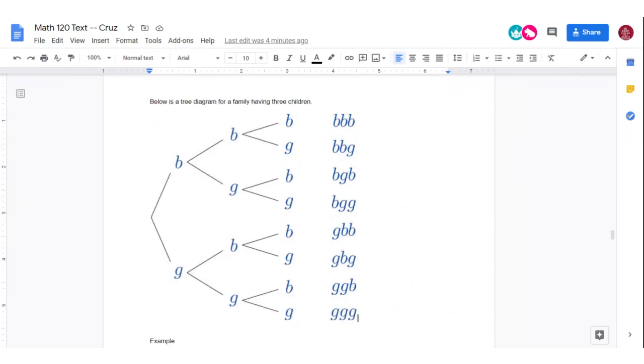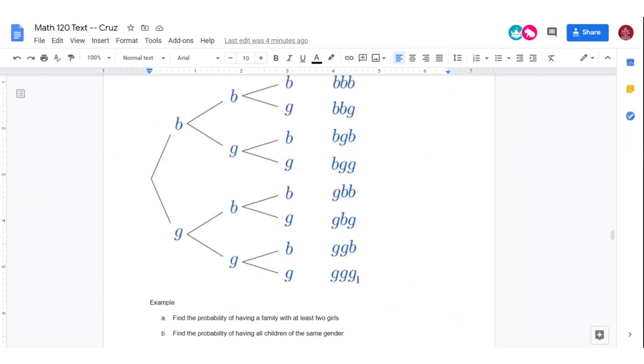Now, the way this works is, this point right here is where your first 2 choices come. For your first child, you're either going to have a boy or a girl. If we label this first column going down, that would be child 1. It can be either a boy or a girl.